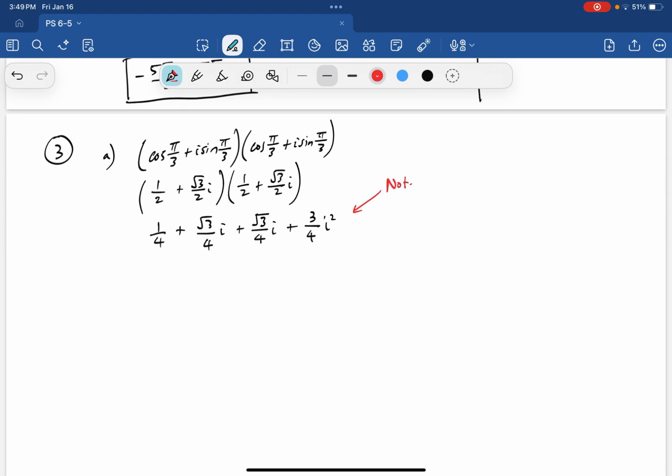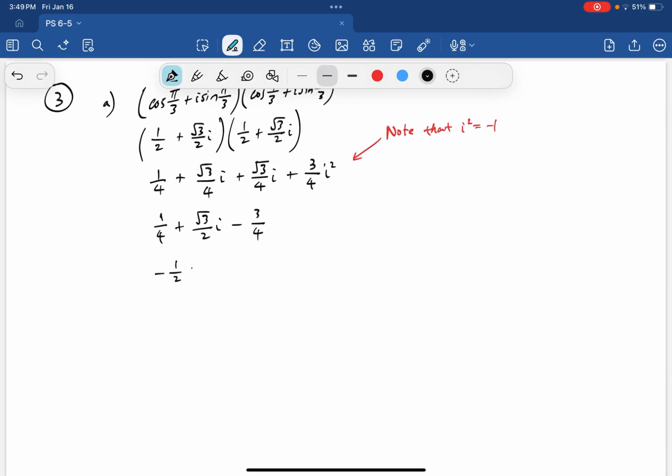And then we want to note that I squared actually equals -1, right? So that'll help us in simplifying this. And so what we're going to end up with is actually 1/4 plus root 3 over 2i minus 3/4, which will give us -1/2 plus root 3 over 2i.